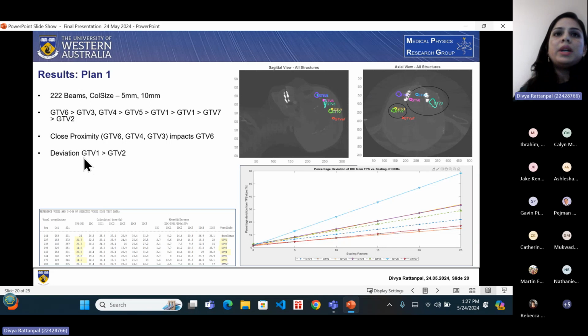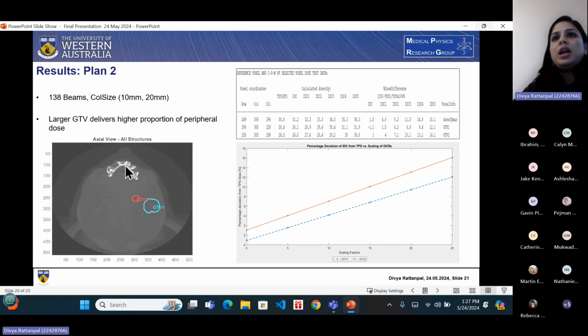Another close proximity is between GTV1 and GTV2. GTV2 being larger in size may have contributed its peripheral dose to GTV1, resulting in more deviation to GTV1 compared to GTV2.